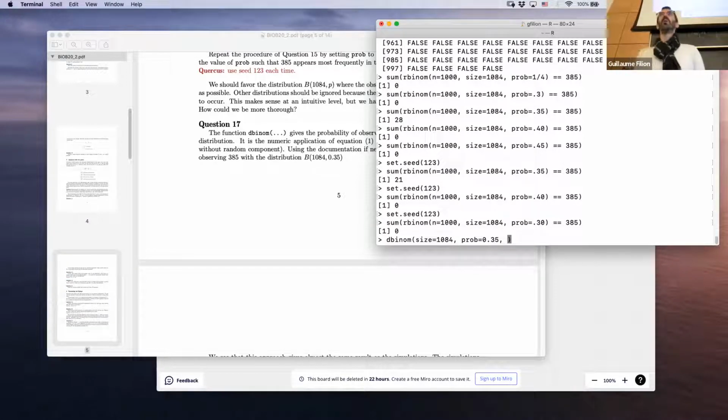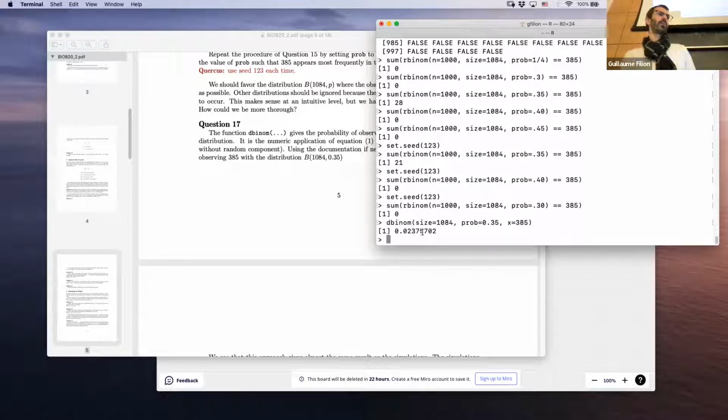And now there is no parameter n because we don't need to produce random numbers. There's a parameter x, and x is 385. So that's what I want the probability of. And so the answer is that. This happens with the probability of 2%, 2.3%. And there is no randomness, so we don't need the set.seed trick.